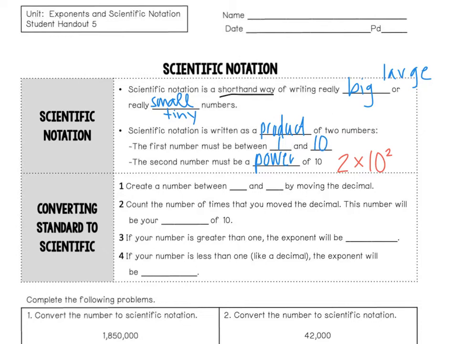So when you are converting standard to scientific form, you're going to create a number between 1 and 10 by moving the decimal. Count the number of times that you move the decimal. This will be your power of 10 or exponent.